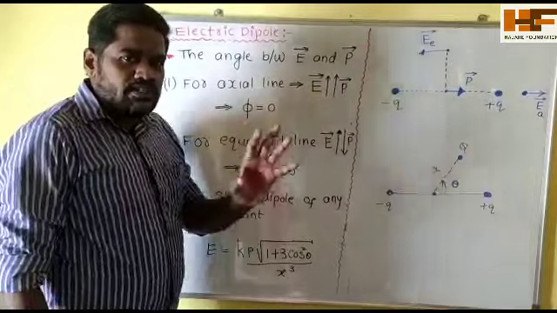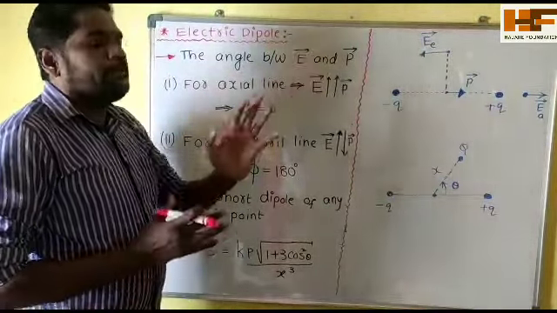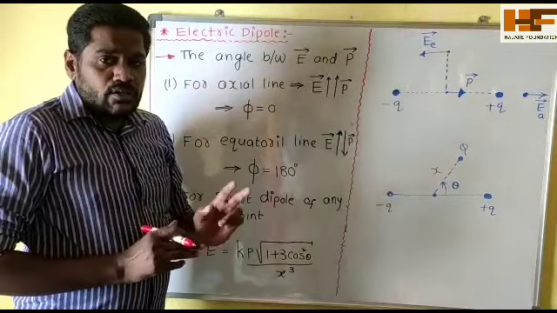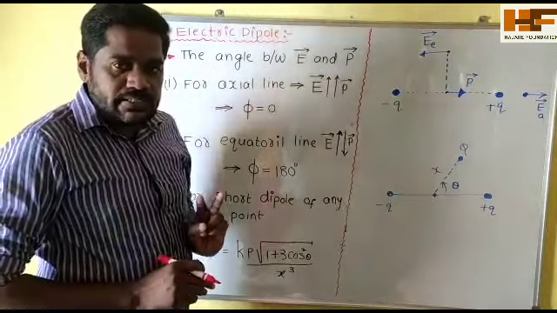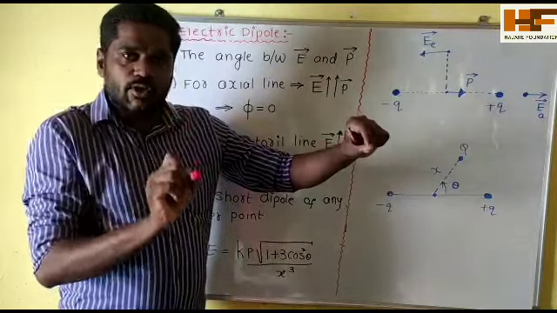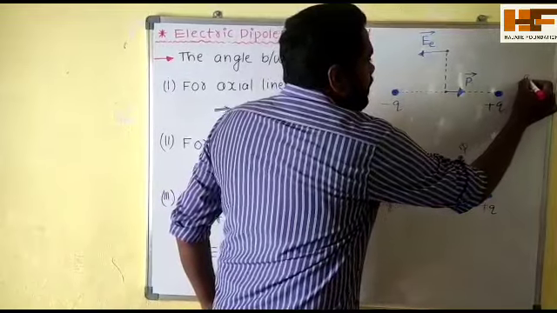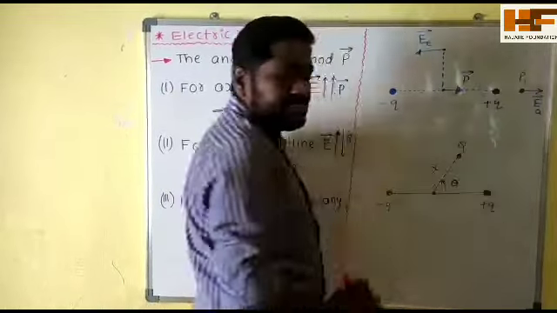Now, the last point of the topic, the angle between E bar and P bar. Two types of electric fields we have discussed: one point is on the axis, one point is on the equatorial line. First, let us take this point as P1, on the axis.